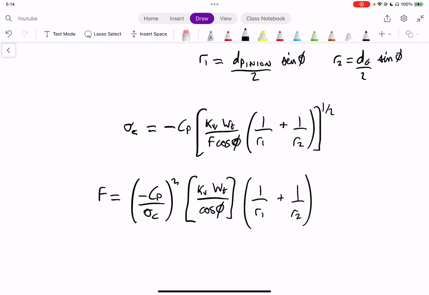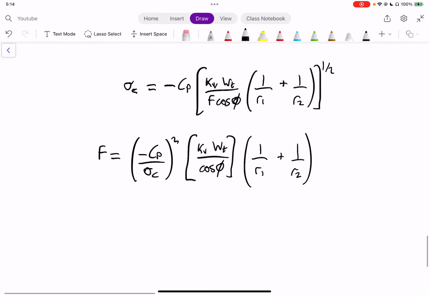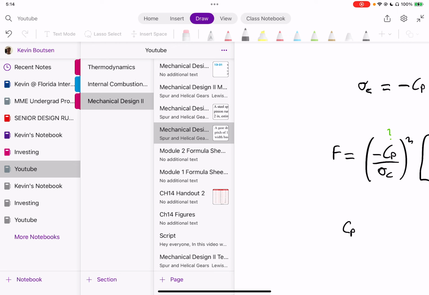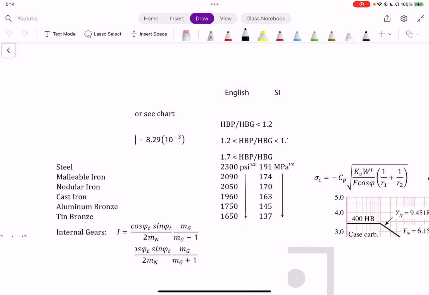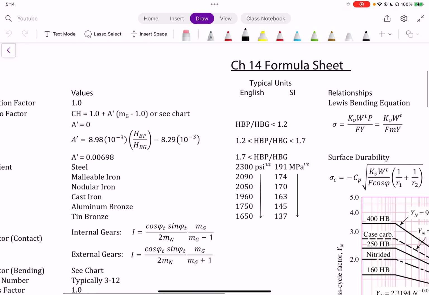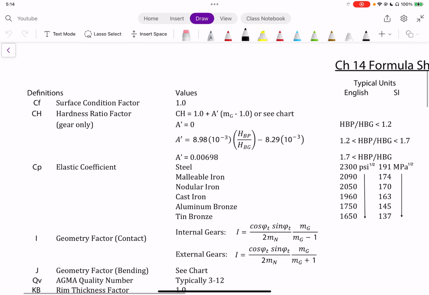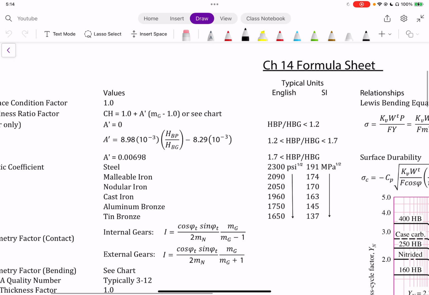Now, the first thing that we need to find according to the order of this is Cp. And we haven't learned how to find Cp yet. So for Cp, what we can do is go to our Module 2 formula sheet and find Cp, where we're given elastic coefficients for steel, malleable iron, nodular iron, cast iron, aluminum, bronze, tin bronze.